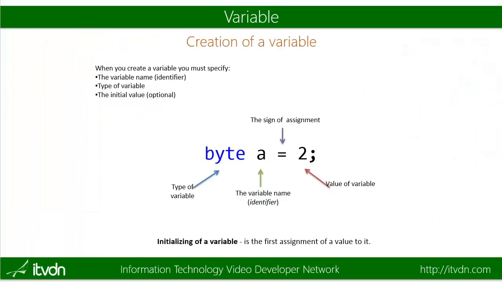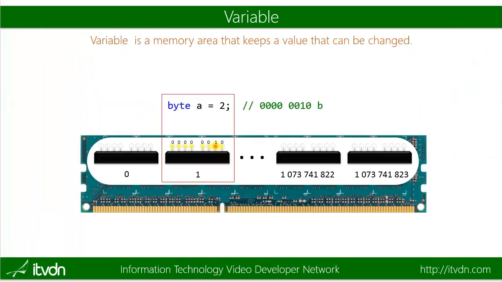We go back to our slide, and here we have a variable: a memory area that keeps a value that can be changed. Just as in our example, we have created a byte typed variable. We named it A and assigned a value of 2 to it. So what are we telling the computer?